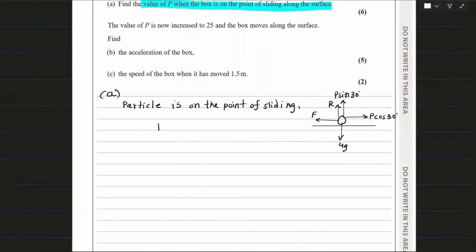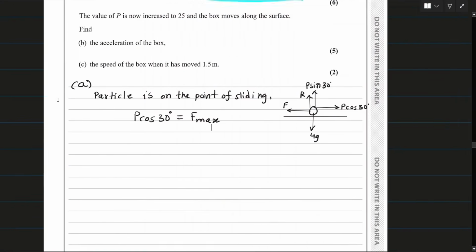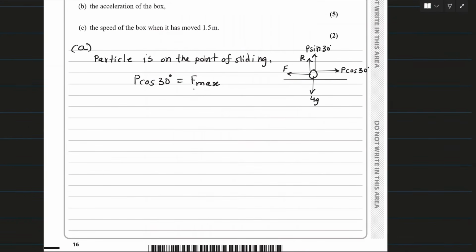In this case, the horizontal force P cos of 30 would be equal to the maximum friction force provided by the surface. We know that maximum friction force is equal to mu R, where mu is the coefficient of friction and R is the reaction force. So from this we can find out the value of P.